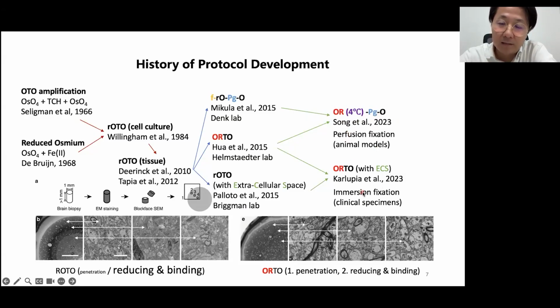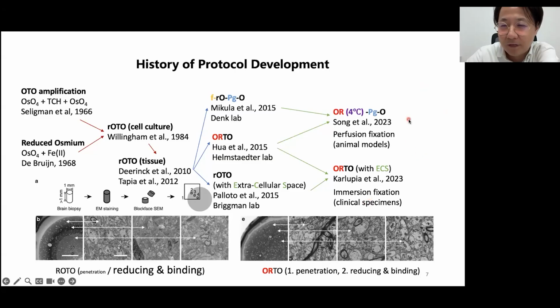And Jeff's lab simply follows the 2015 protocol with preserved ECS so that they can prepare large clinical samples. For these kinds of samples, of course, you cannot perfuse the patient, right? So usually they collect the specimens from a surgical biopsy punch or surgical dissection for immersion fixation.